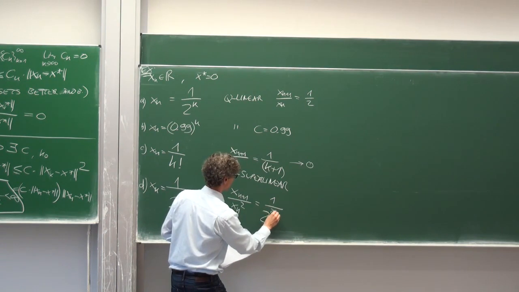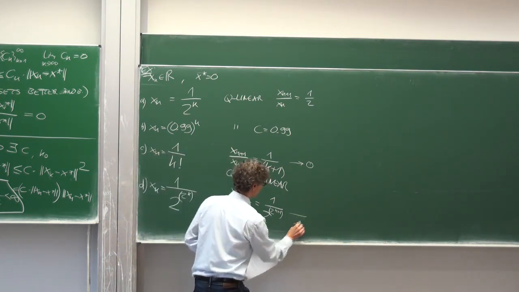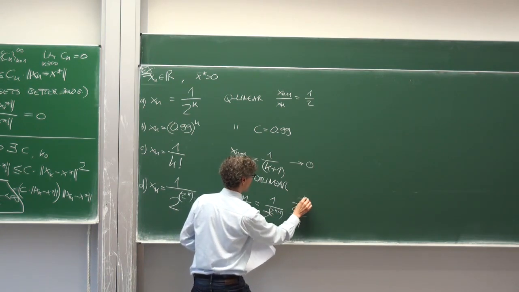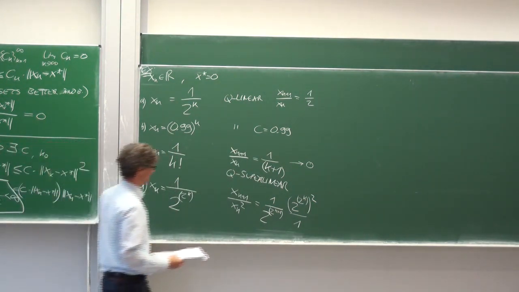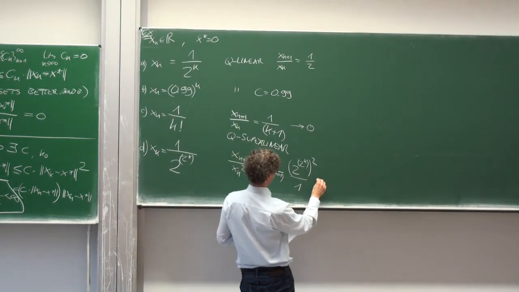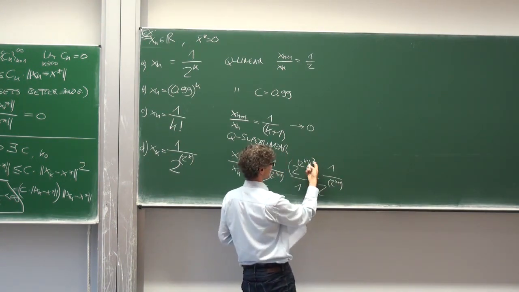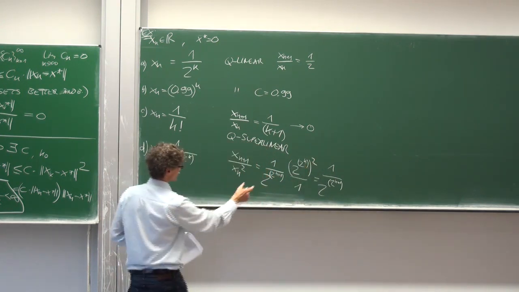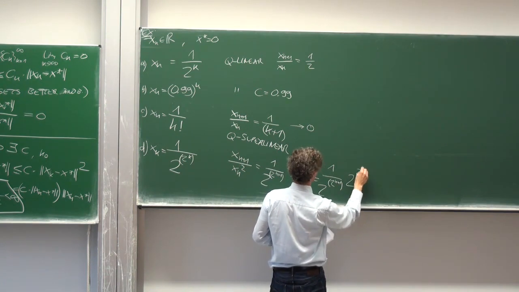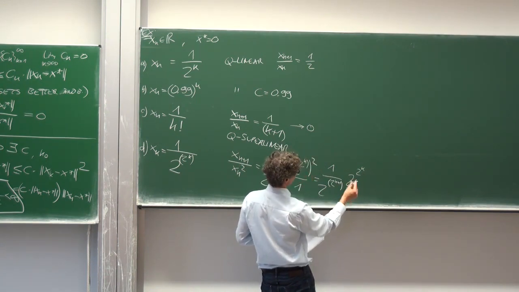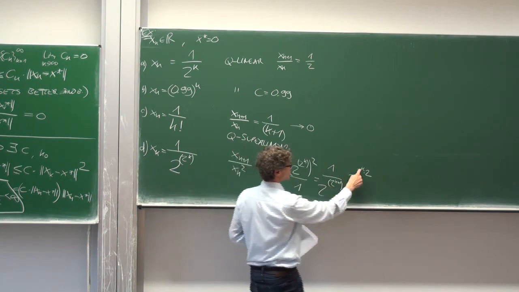Here we will have 2 to the 2 to the k plus 1, and then we divide it by this thing squared, which is of course 2 to the 2 to the k, squared. So we will have 1 over 2 to the 2 to the k plus 1 as the first part, and here we get 2 to the 2k times itself, which means 2 times 2 to the k, that is 2 to the k plus 1.